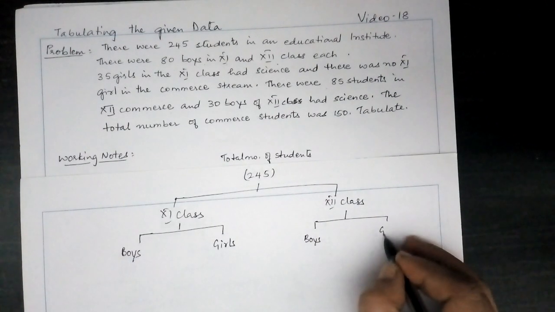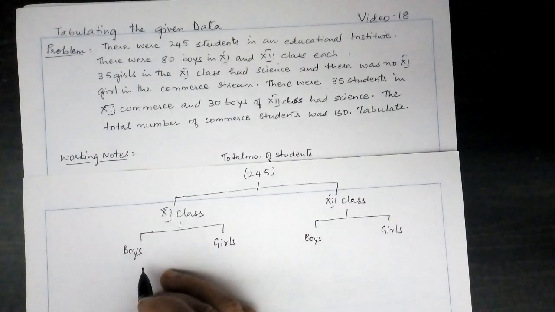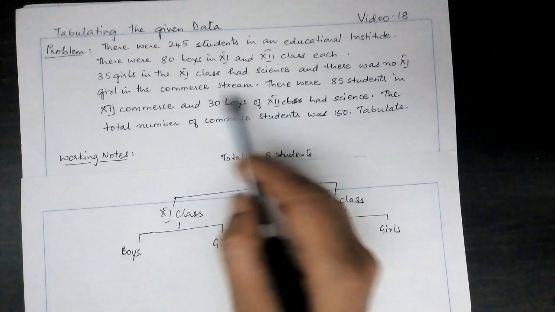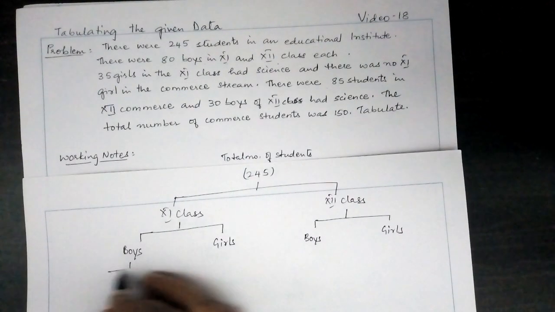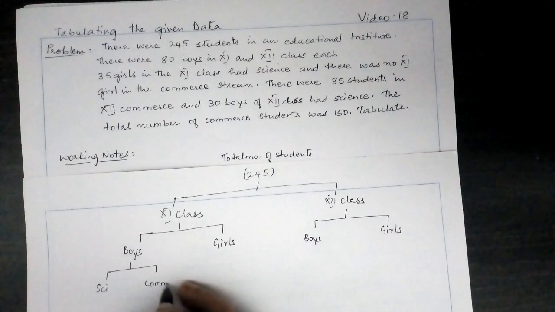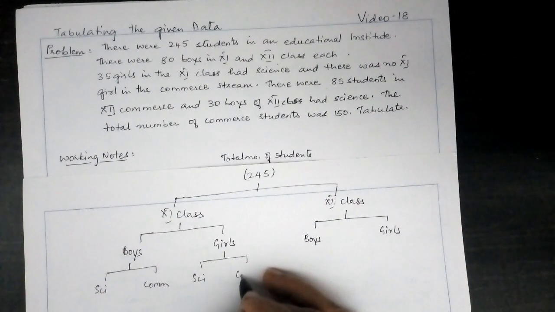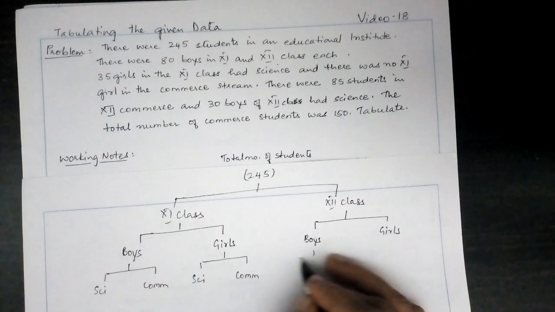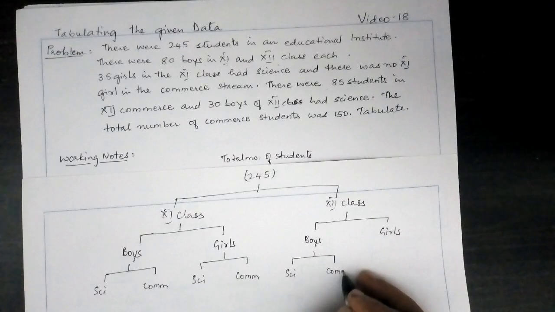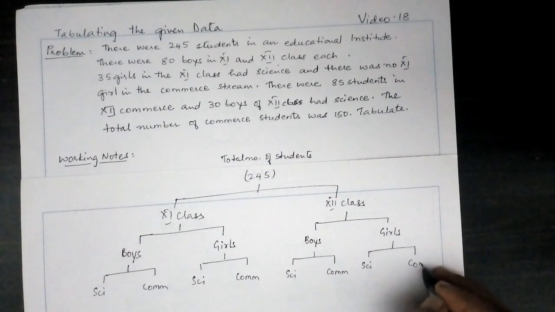So we will write boys and girls, and there are science and commerce streams. So we will write boys, science and commerce stream. Similarly, girls in science and commerce stream. Here also 12th class boys in science and commerce stream and 12th class girls in science and commerce stream.